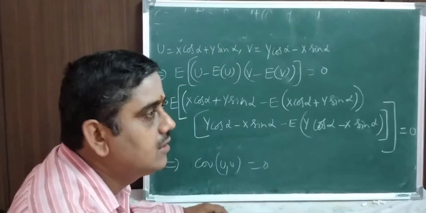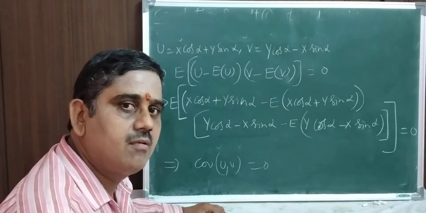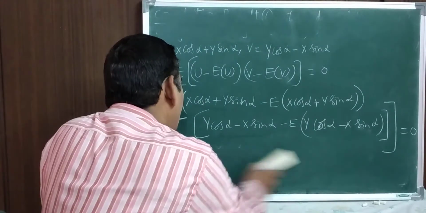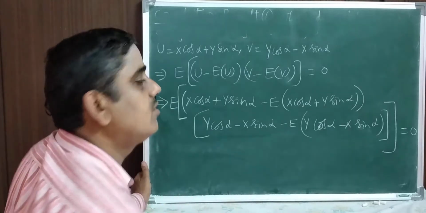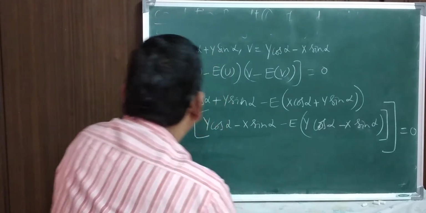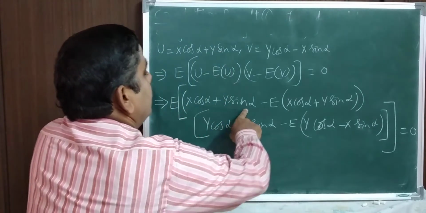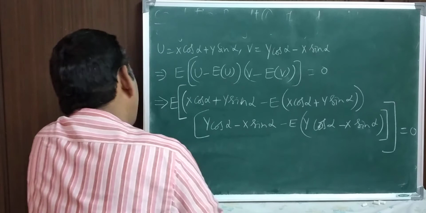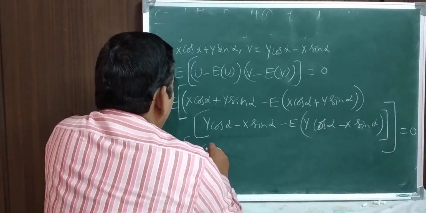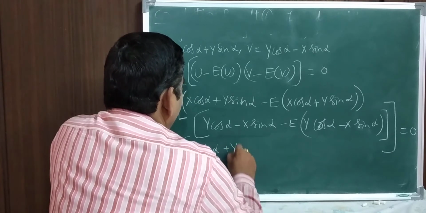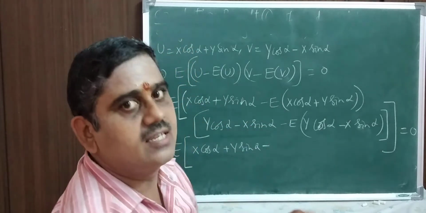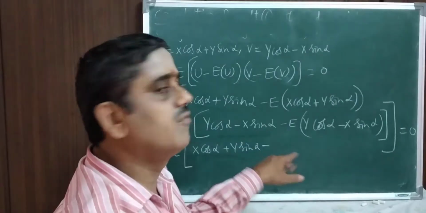You have to calculate the expectations, then multiply those terms, and then take the expectations again. So here, x cos alpha plus y sin alpha minus the expectation of this. Cos alpha is a constant, expectation is only for the variable x.